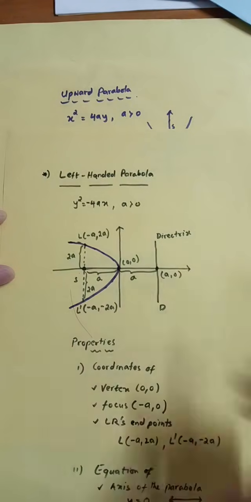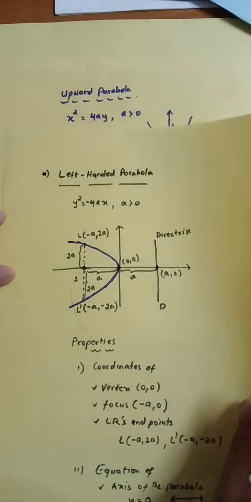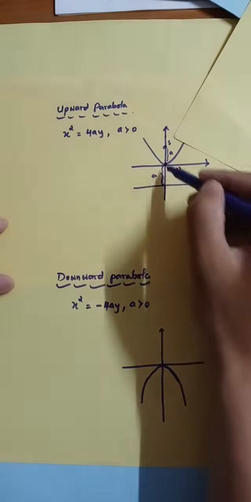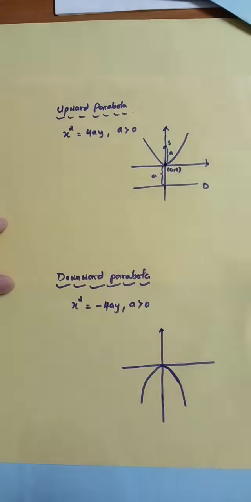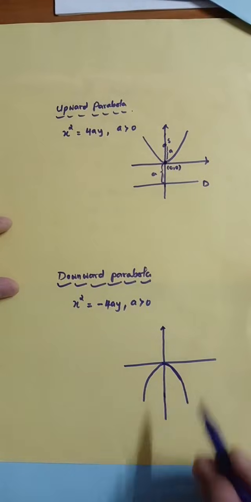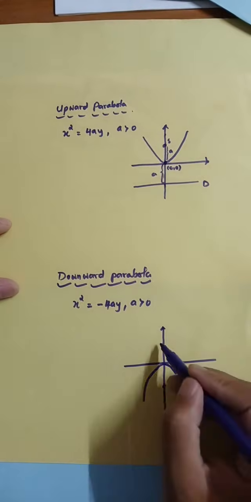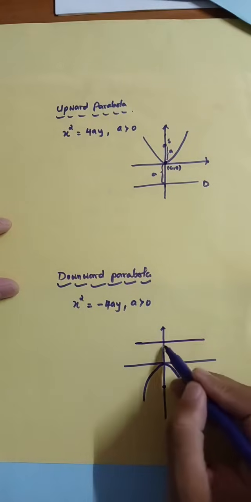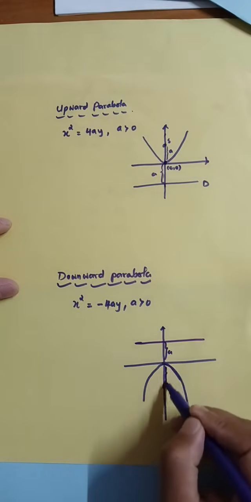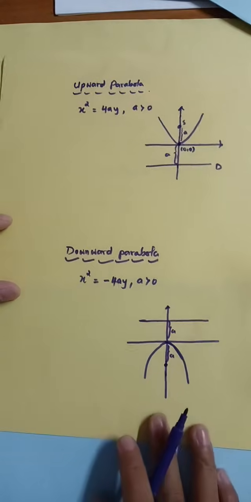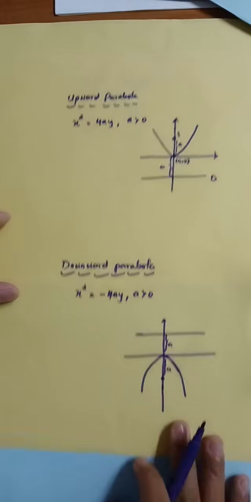Here, a is a vertical distance. Again, the focus will be inside, remember, and the directrix will be outside. The distance is the same, a and a, but you have to remember that the distance is vertical.